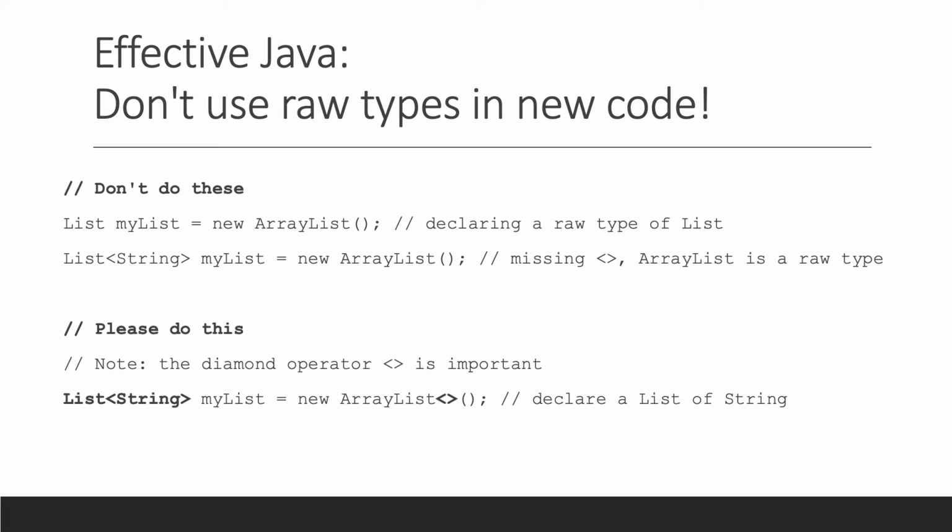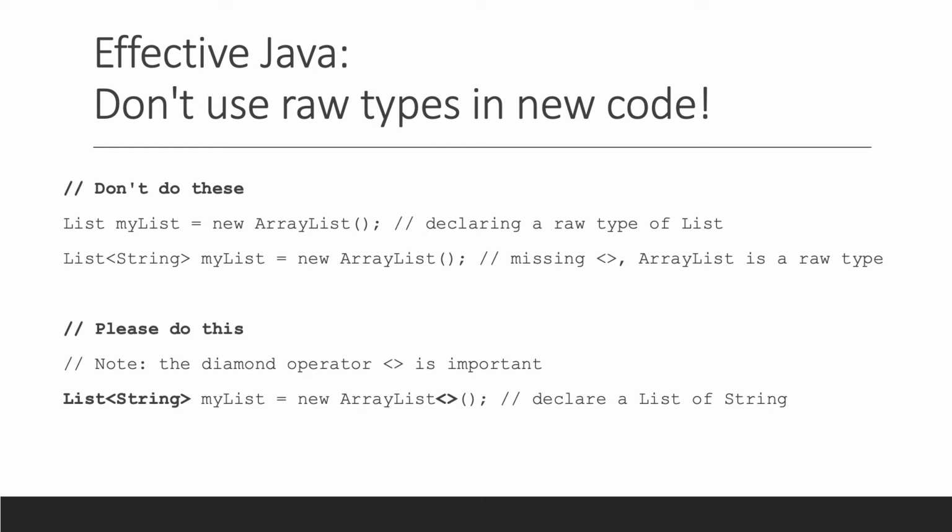The raw types are supported for backward compatibility with code written before Java 5, where generics were introduced. Since Java 5, we can parameterize a collection object with a specific type, such as creating an array list of string. Java is a strongly typed language, and we should use this feature to help us catch mistakes early.